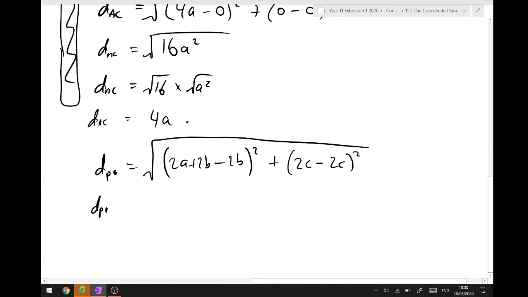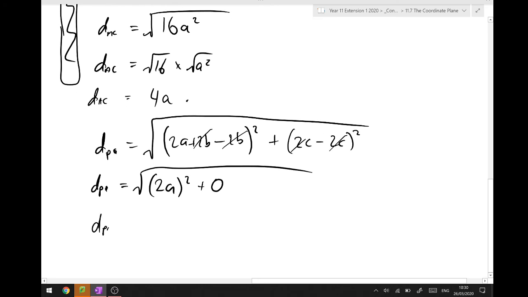So D of PQ is equal to the square root of. Okay, we'll do this first bit first. 2a plus 2b minus 2b, that cancels with that. I can leave that there because you guys are quite intelligent and will know what that means. So we've have 2a squared, and the 2c minus 2c cancels, so we get left with plus 0.